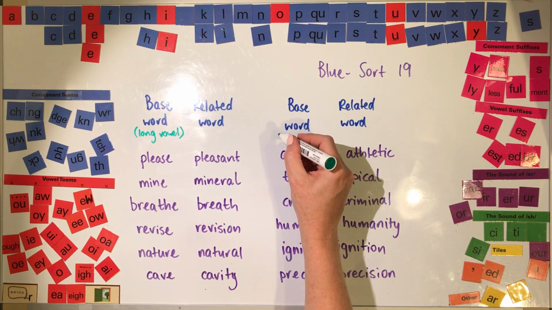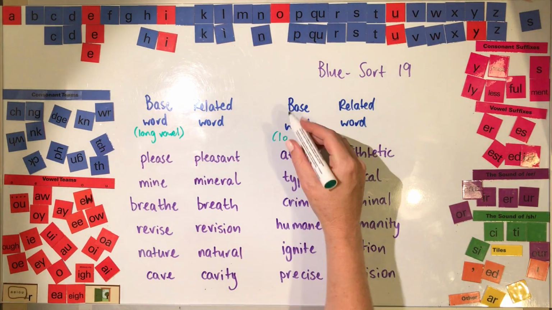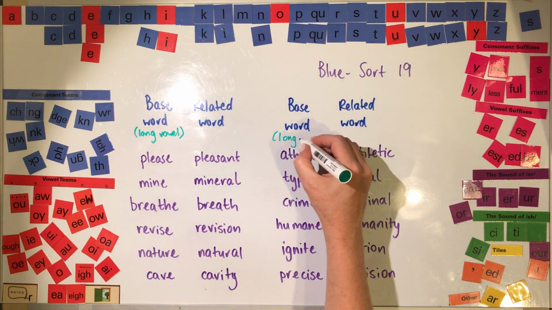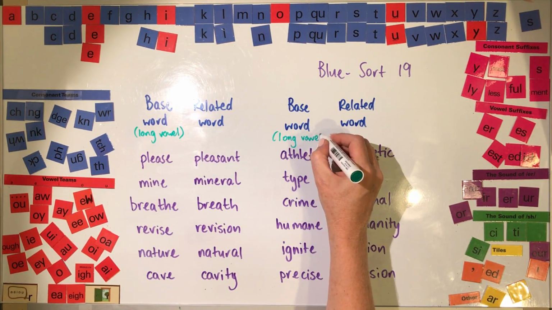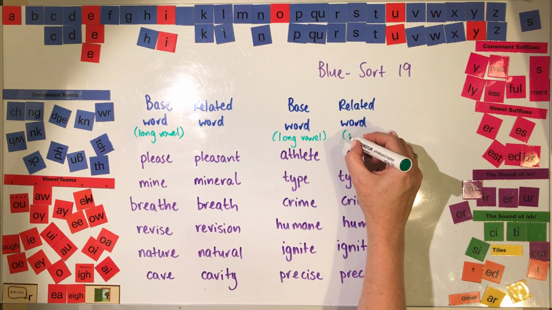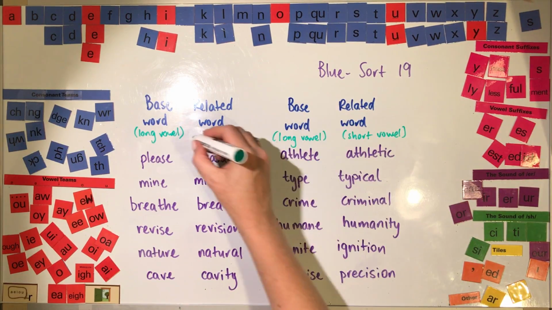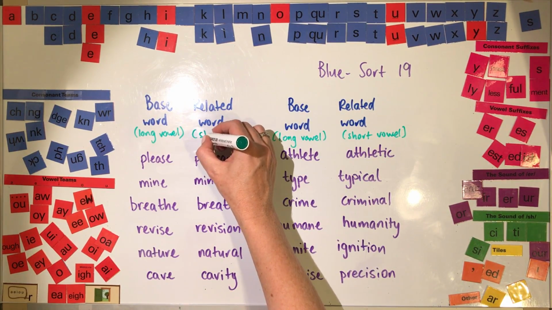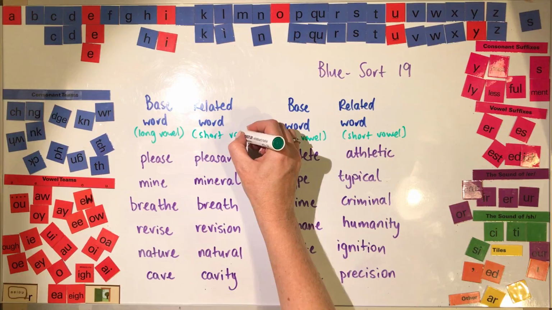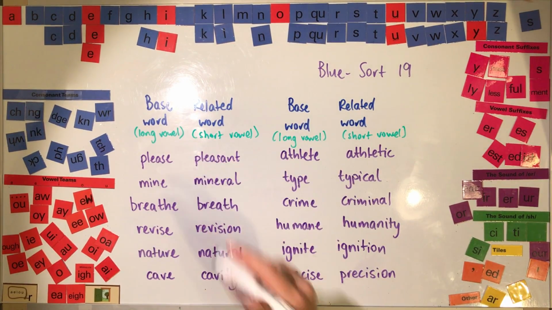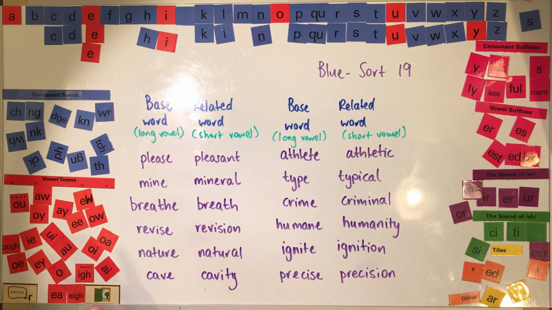So I'm trying not to smudge my other words. It's quite hard to write when you don't anchor your hand. And then these are short vowel. So that's another way you could write. So I'm just going to show you in a minute. So it's quite interesting that these are related words, but they all have changed their vowel to long or short.